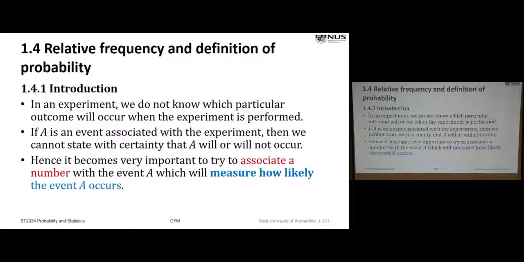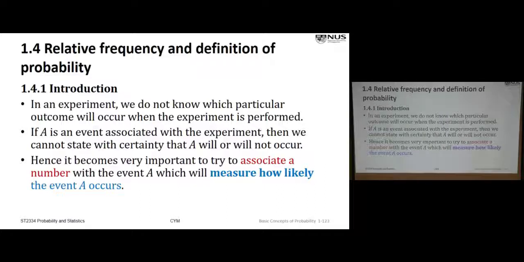It's slightly different from what you have learned, maybe in your JC or in your poly days. What it says is that we have an experiment, and then we perform the experiment, and if an event A associated with this experiment occurs, then we record it down and redo the experiment again and see whether event A occurs or not.